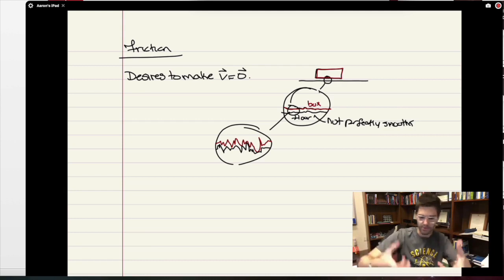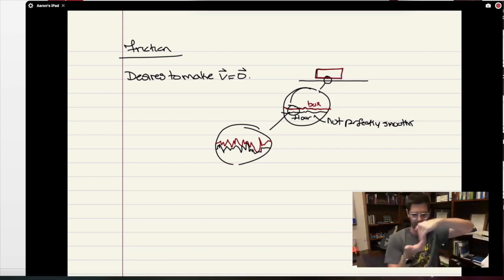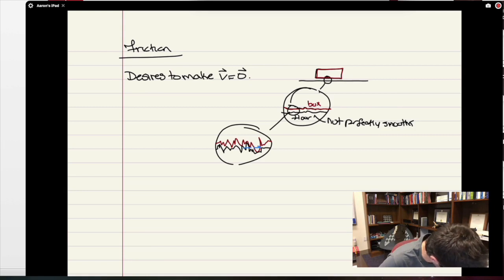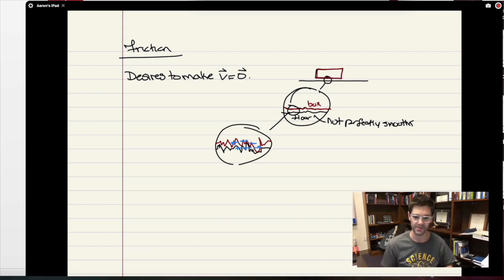Some of those grooves would get hooked or stuck on grooves of the floor and of the box. As the box moves, it might get caught. If I were to draw little free body diagrams, there'd be tiny little forces pushing on these grooves and hooks that might act to ultimately slow down the box if the box is moving.